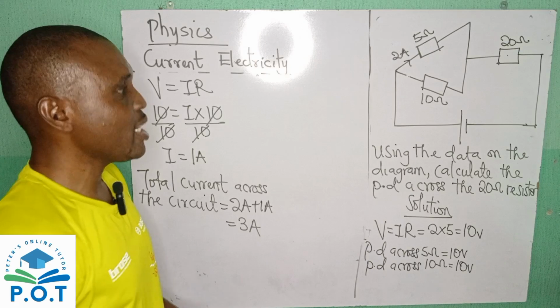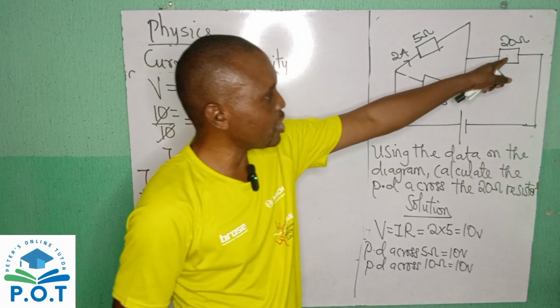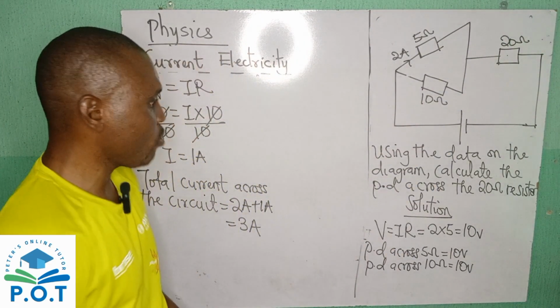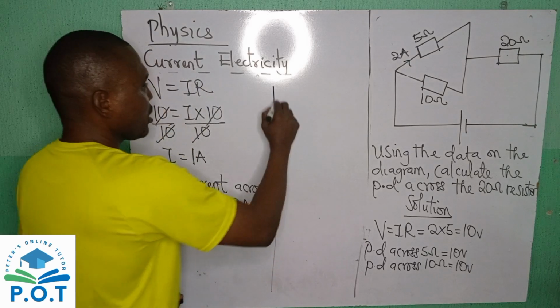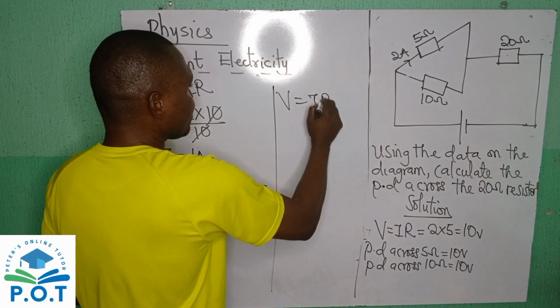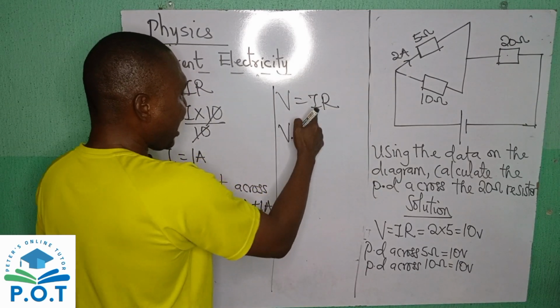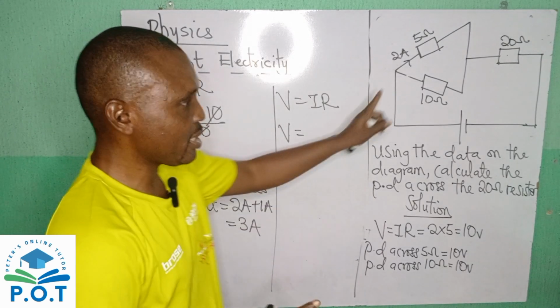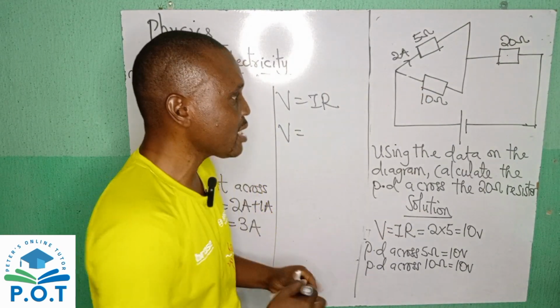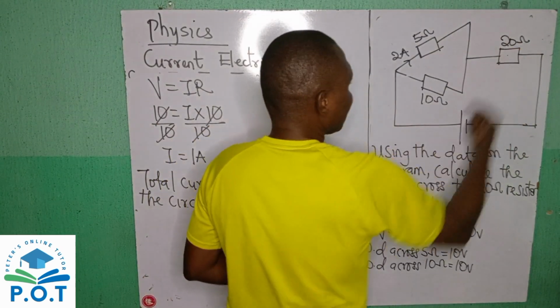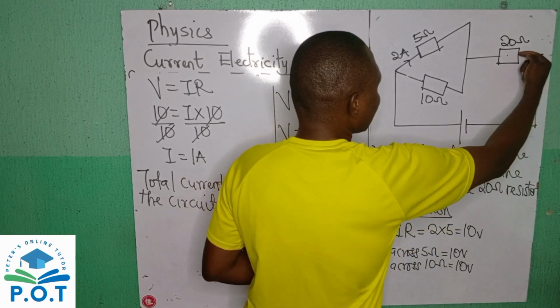Now, with this, it becomes easier for us to get the potential difference across this 20 ohm resistor. So let's look for it. V equals IR. Take note, this 3 ampere, like I said, is the total current. So that means the current that this particular battery supplies is 3 ampere.